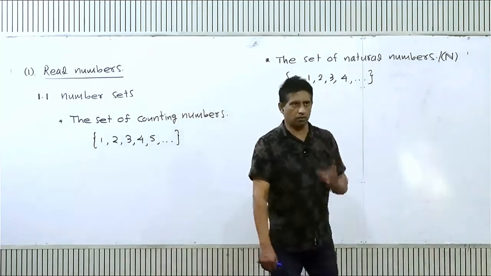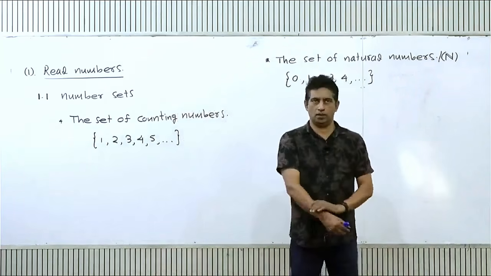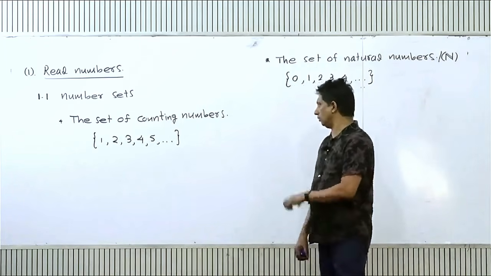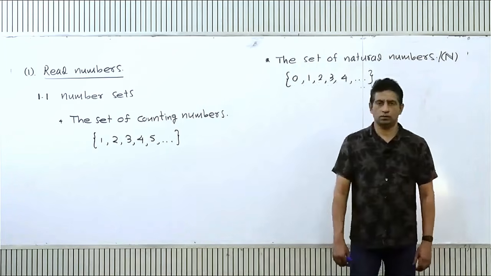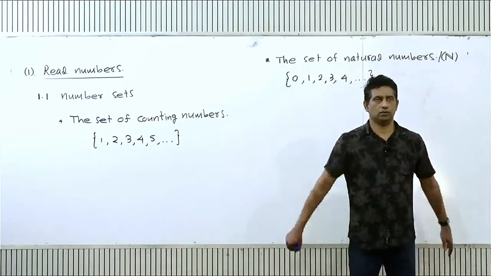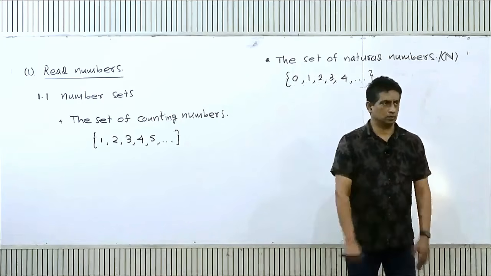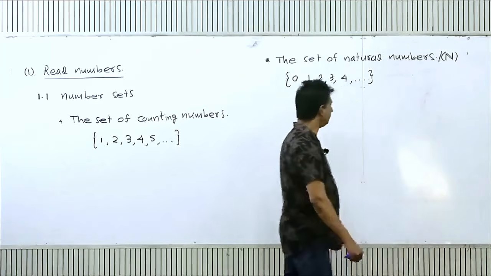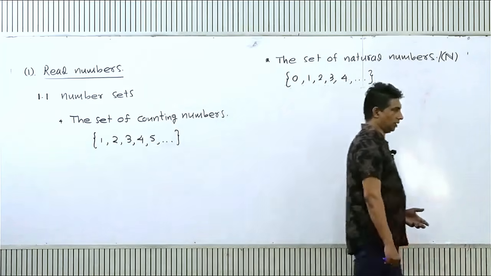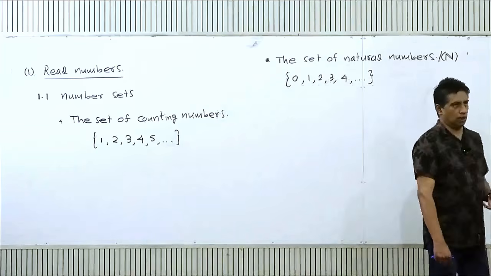By adding 0 to the set of counting numbers, we can create a new number set.